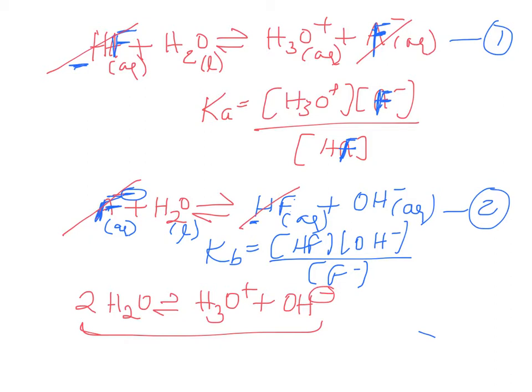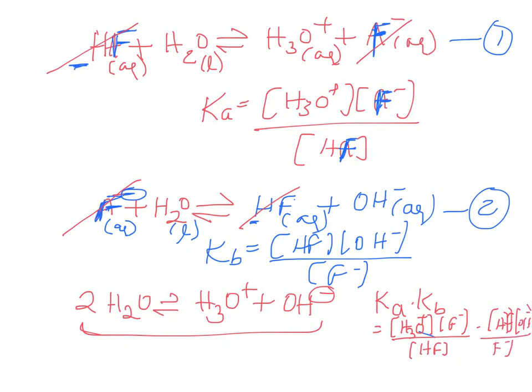Also realize that if you have added two equations, that means you must multiply the K values. So Ka times Kb is going to be equal to hydronium times fluoride divided by HF, times HF times OH negative divided by fluoride.